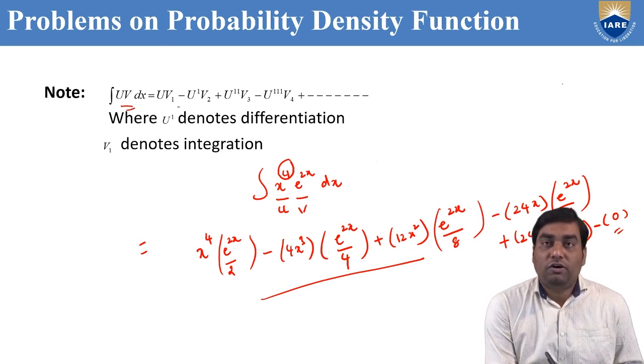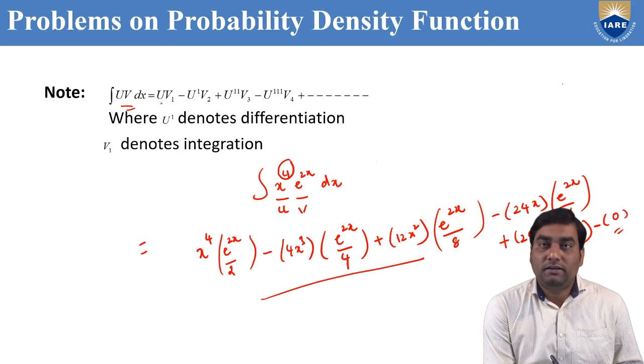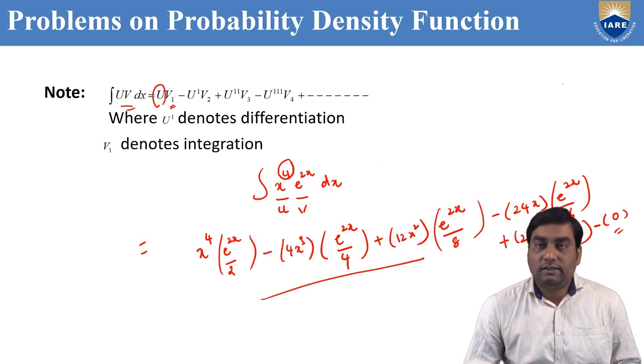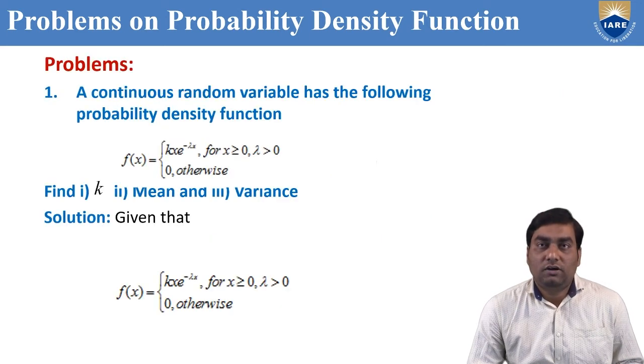Integration of uv formula, again remember that it starts with u, v1. v1 means integration of previous terms, either differentiation or integration of previous terms, and alternative signs, plus minus. I think you understood very clearly about integration of uv. Now we'll solve the problems on probability density function.